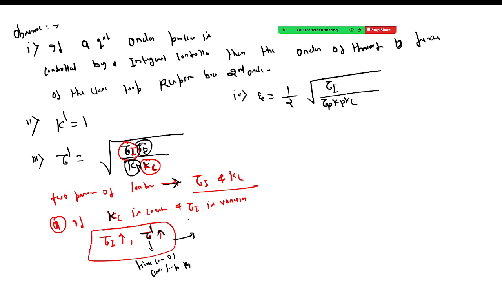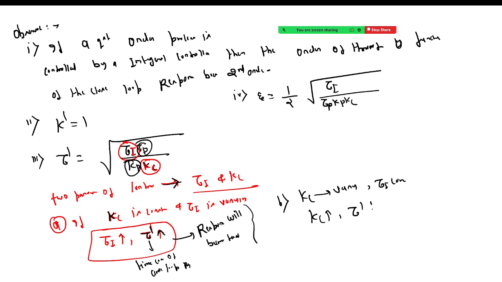So what will happen if we increase tau I? Response will become fast. I hope this is clear. Now, second, I'll vary Kc and keep tau I constant. If I increase Kc, your tau dash will decrease. So what is happening here?